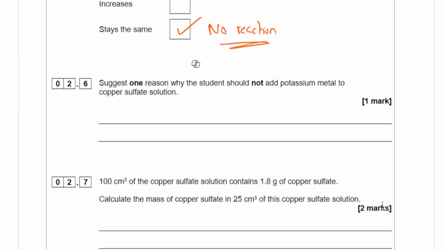In fact, potassium will react just with water in an explosive manner. So you wouldn't want to add it to copper sulfate, which releases more energy. So it is too dangerous. Or you could say it's too reactive.